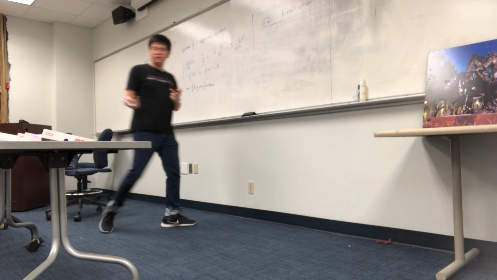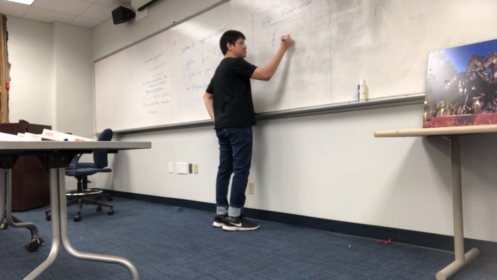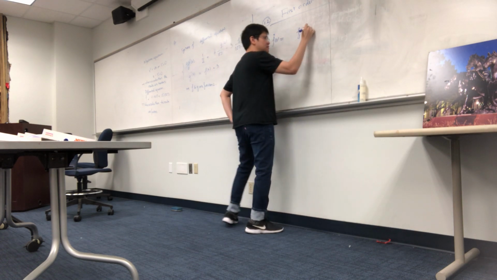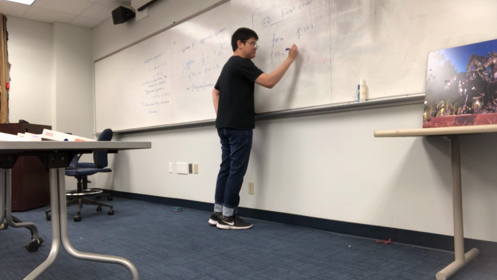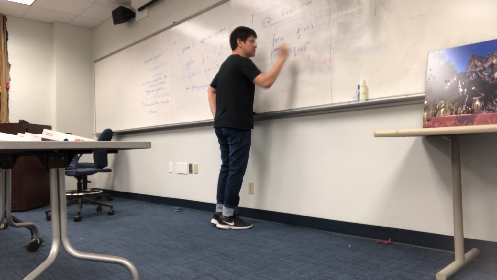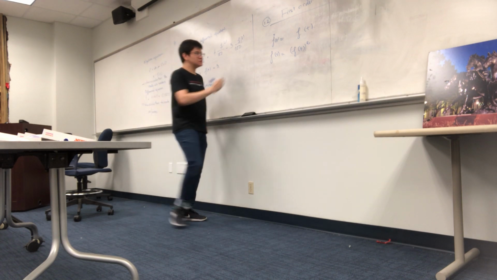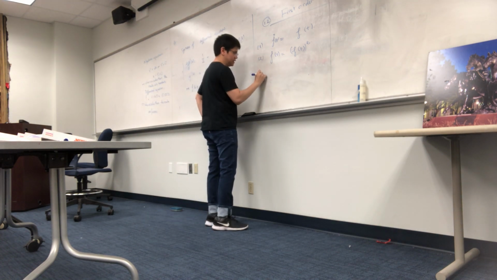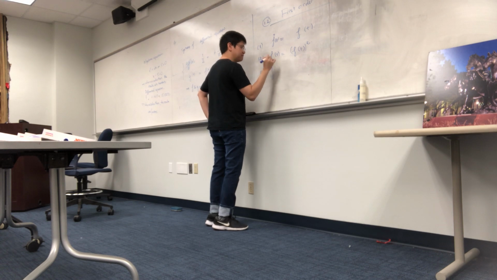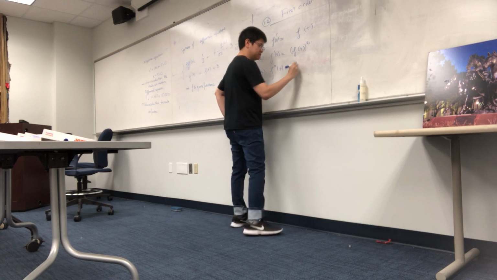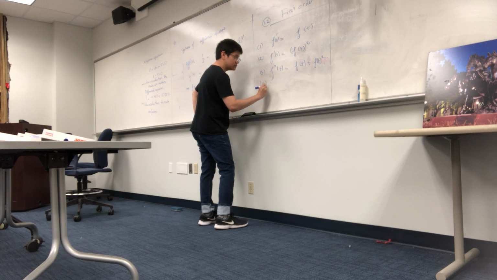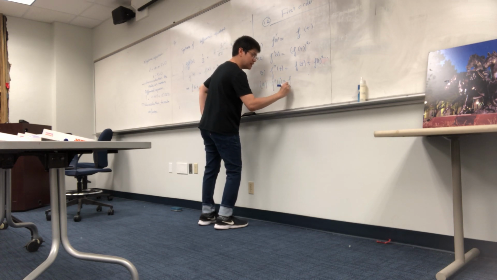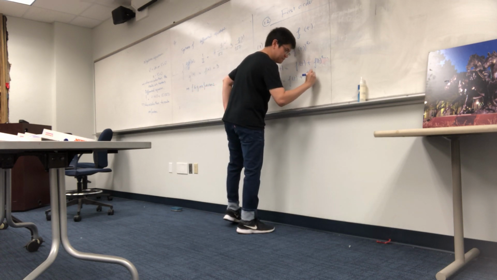I have two equations. f prime of t is equal to f of t, and f prime of t is equal to f of t squared. I call the first one 1 and the second 2. The third is f second of t equal to f of t plus f of t squared, and the fourth is f second of t equal to f of t plus f prime of t.